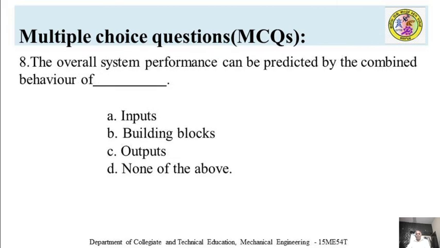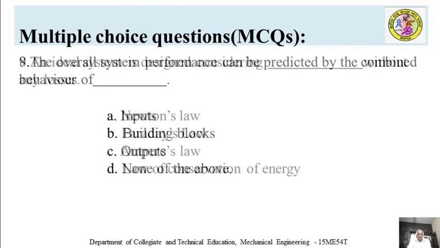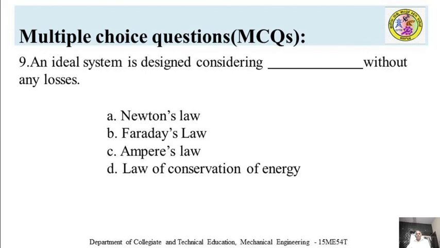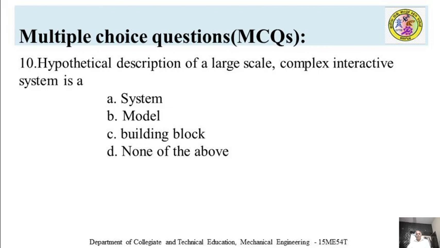The overall system performance can be predicted by the combined behavior of building blocks. The ideal system is designed considering dash without any losses, considering the law of conservation of energy. A hypothetical description of a large scale complex interactive system is a model.